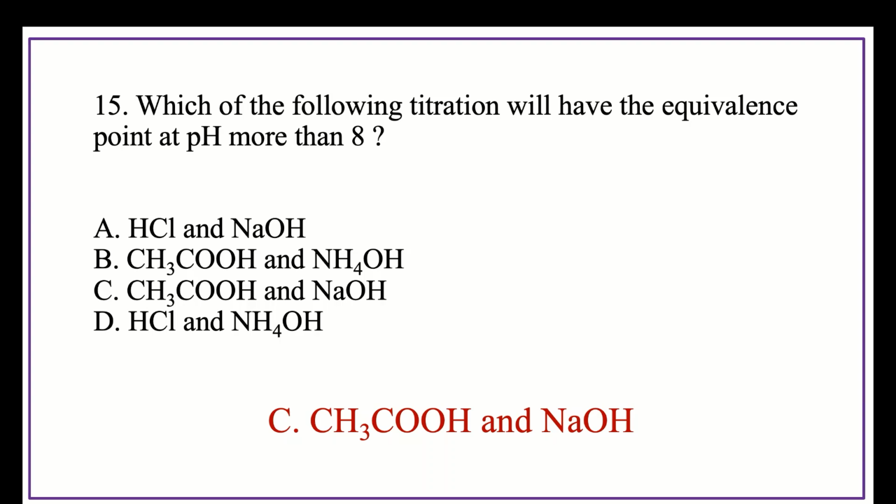But here the equivalence point has pH more than 8. So a basic solution is obtained, a buffer of acetic acid, and CH3COONa is formed, that is CH3COO minus with Na plus. It gives the basic nature to the solution at the end point.